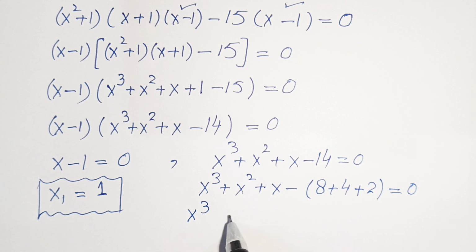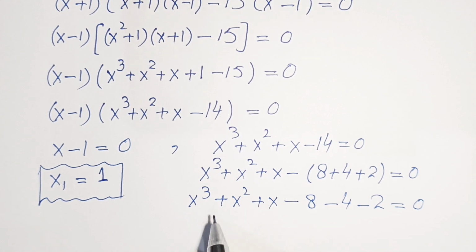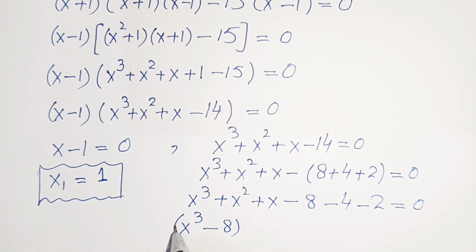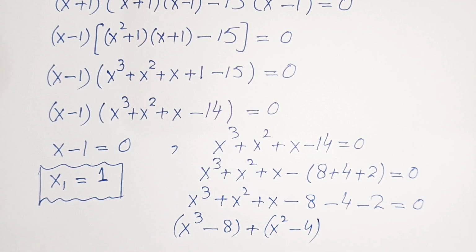Now x cubed plus x squared plus x, and just multiplying this negative sign into the parentheses, we get minus 8 minus 4 and minus 2. Now making groups here, we have x cubed, writing this minus 8 with this one. Similarly here we have plus x squared and it is minus 4, so it is our second group, and we have plus x minus 2.